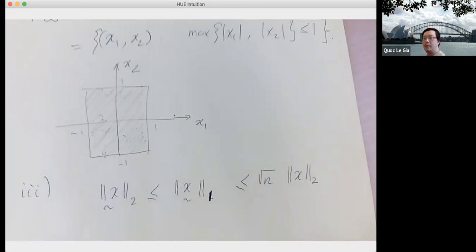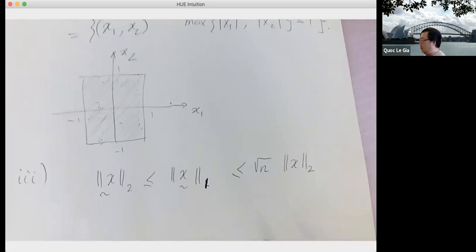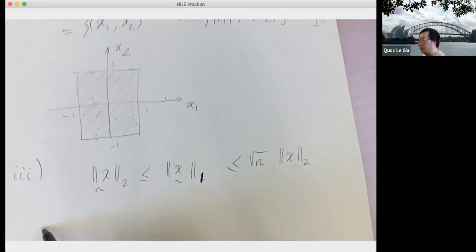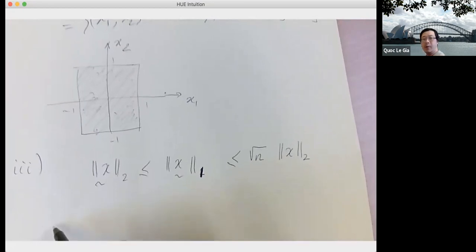Okay, so how do we do that? For example, suppose I just take n equal 2, a simple case. n equal 1 is obvious, you just have a single number.